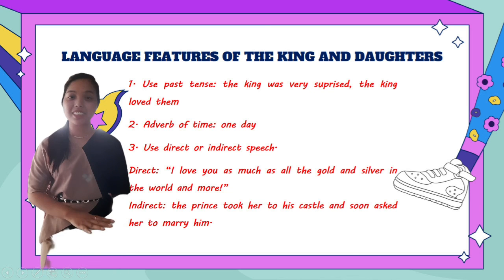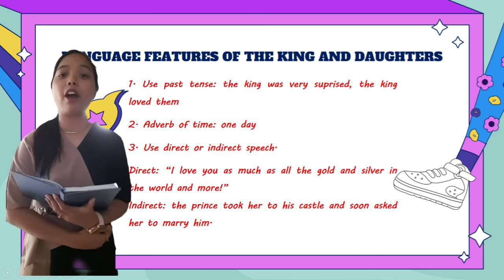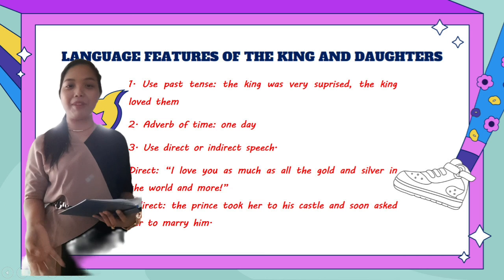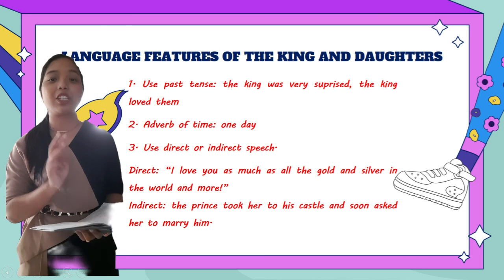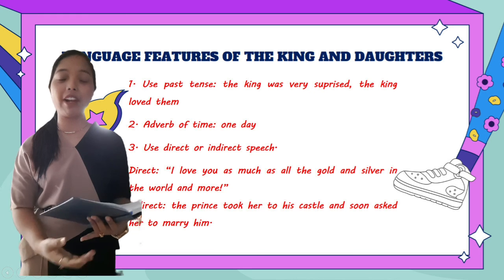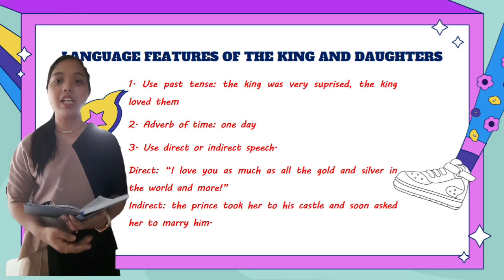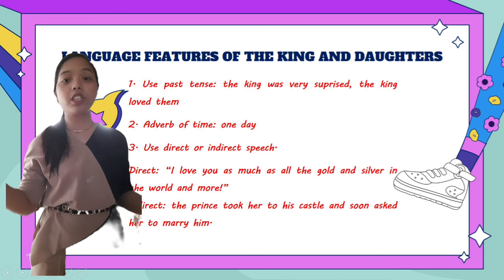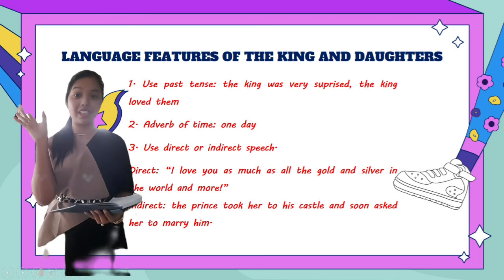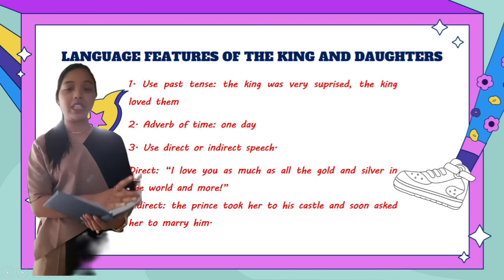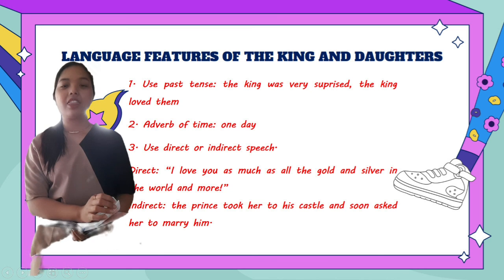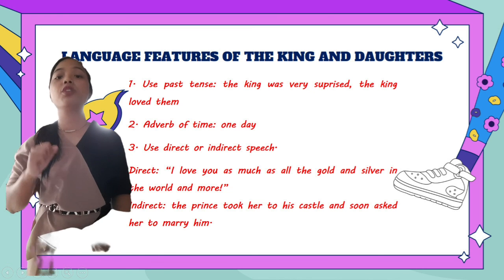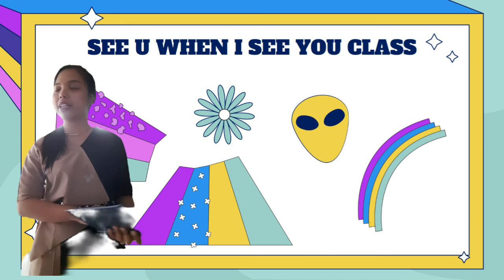And the second, it also consists of adverbs of time, like one day, at that time, and etc. The third one, the story consists of direct and indirect speech. Direct, for example, "I love you as much as all the gold and silver in the world and more." And then indirect, the prince took her to his castle and soon asked her to marry him.